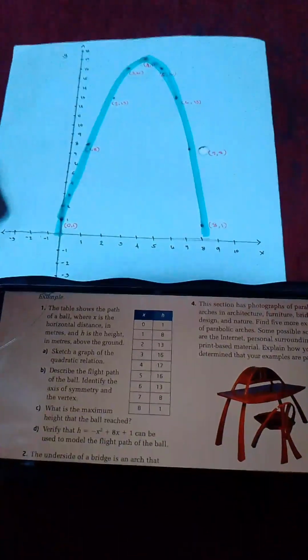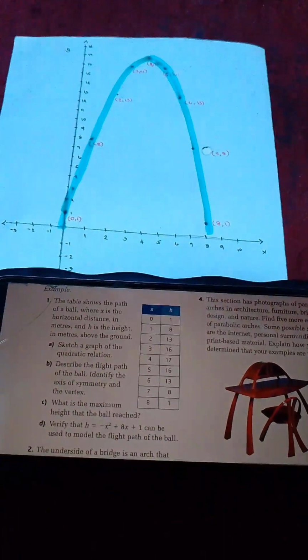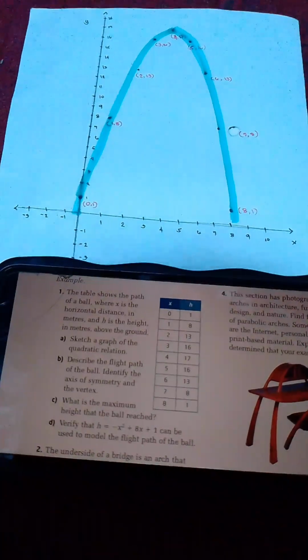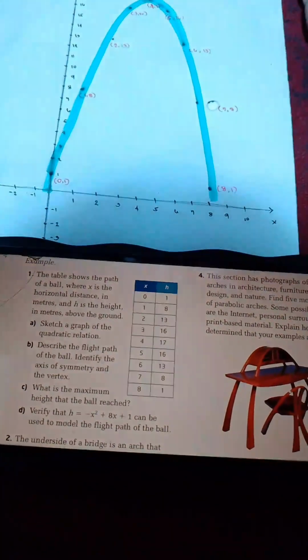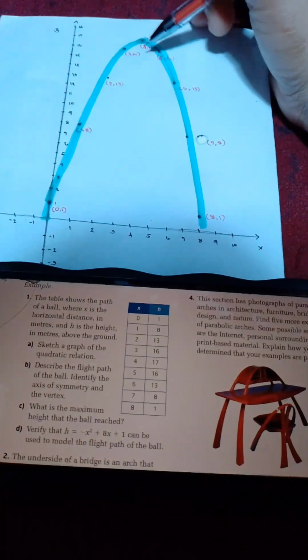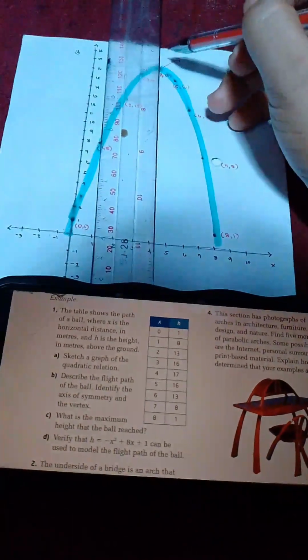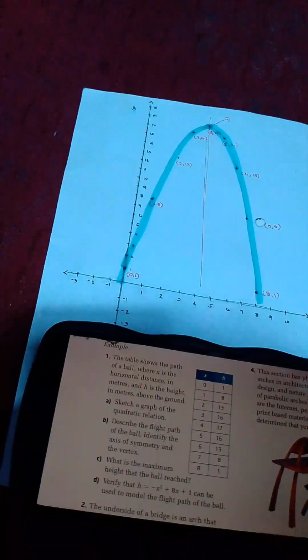Then letter B, describe the flight path of the ball. The flight path of the ball forms a parabola. It has an axis of symmetry, and the vertex is found here, in the middle part. Our axis of symmetry is also a line through the vertex.